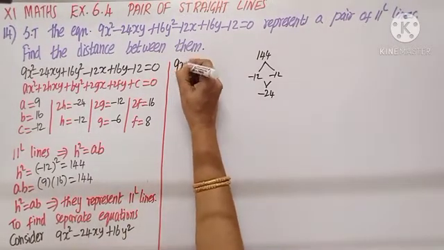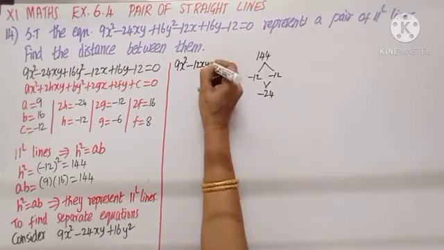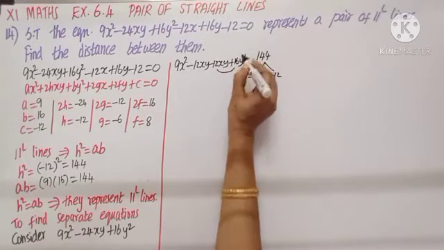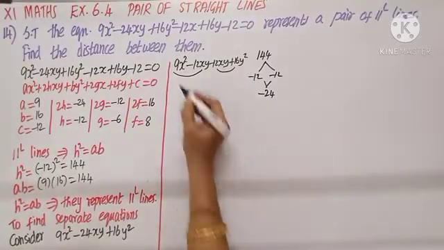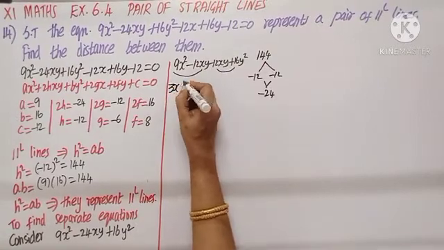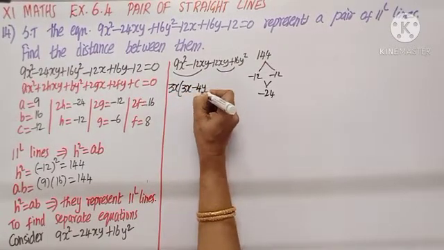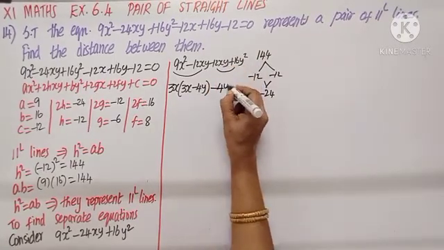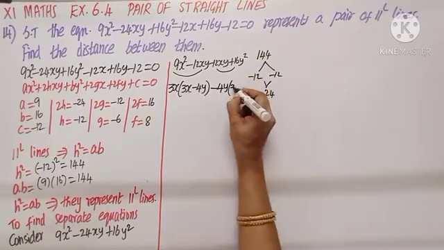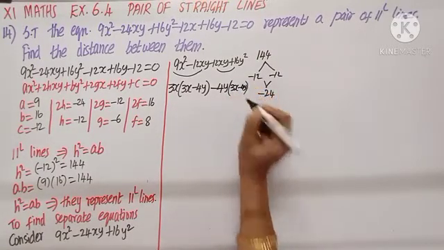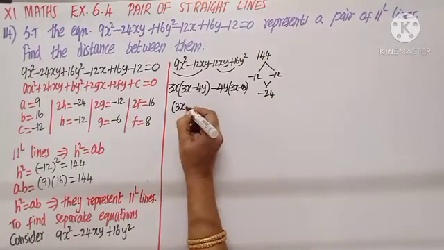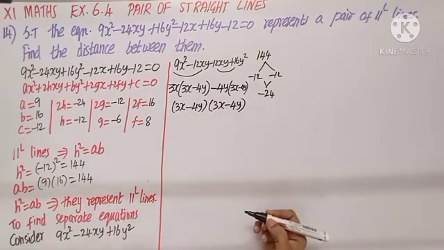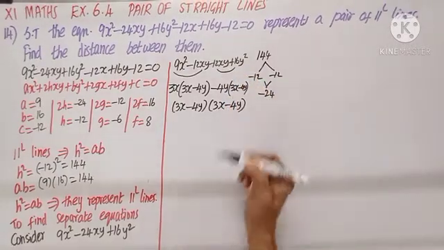Factorizing 9x square minus 12xy minus 12xy plus 16y square, combining the first two and the next two. In these two, 3x is common, taking which we get 3x minus 4y. In the other two, 4y is common, taking which I get 3x minus 4y. Now, I get 3x minus 4y into 3x minus 4y. This is the usual way of factorization.